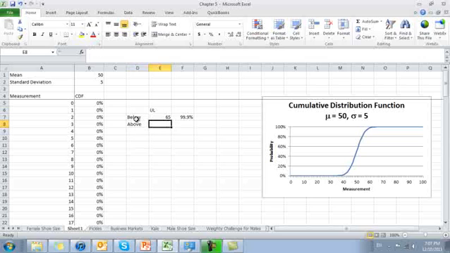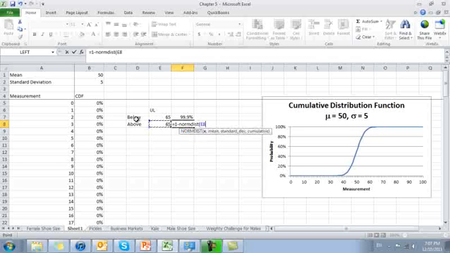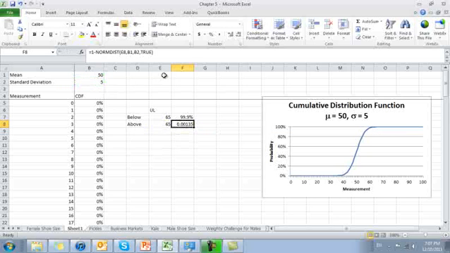In that case, I will literally take equals 1 minus the norm distribution of this point given my same mean, comma, standard deviation, true. So the probability of finding it above 65 is 0.1%. The probability of finding it below 65 is 99%.